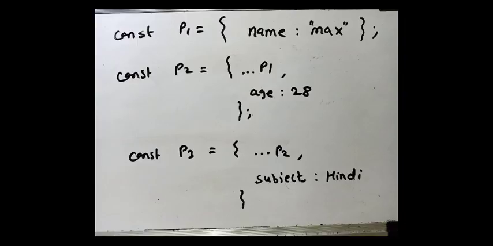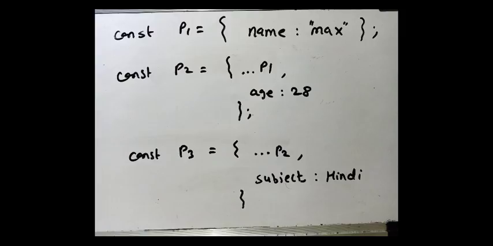Here I also have const p1 having key and value pairs. Whenever I say key and value, whenever I say curly bracket, it means it is an object, not an array. In an array we have square brackets, in an object we have curly brackets, and along with them key value pairs.